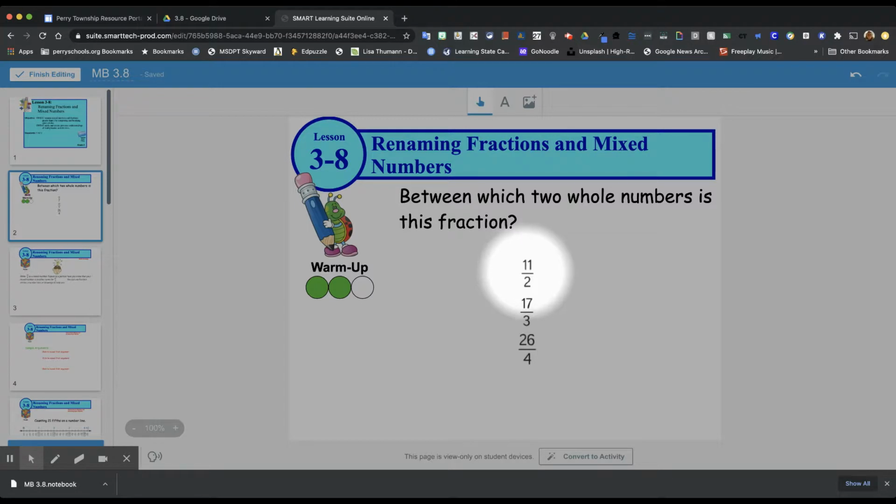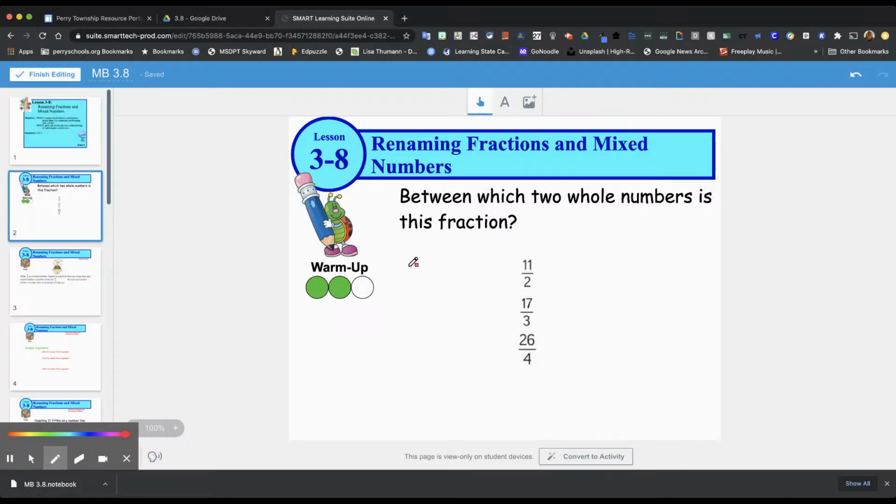Well, if we do 11 divided by 2, I know that 10 divided by 2 is 5. I also know that 12 divided by 2 is going to equal 6. So my 11 halves is going to be between 5 and 6.